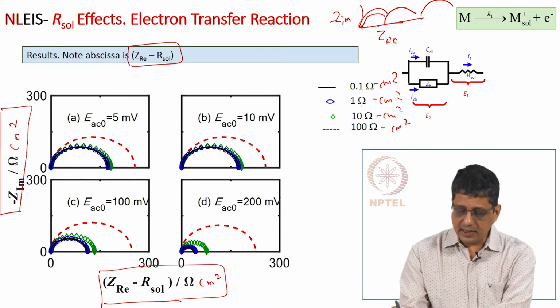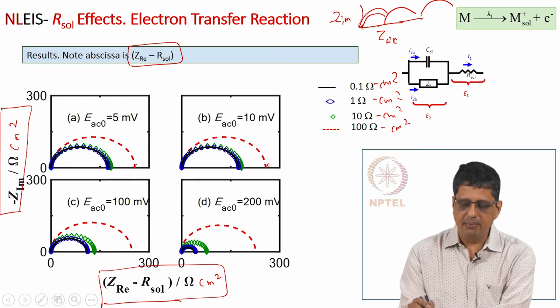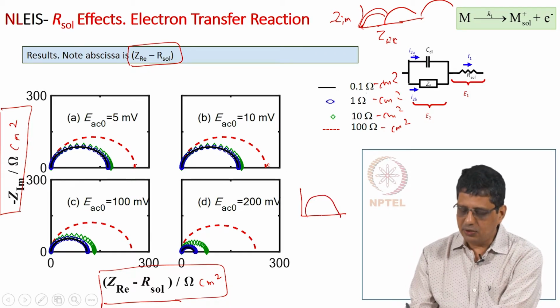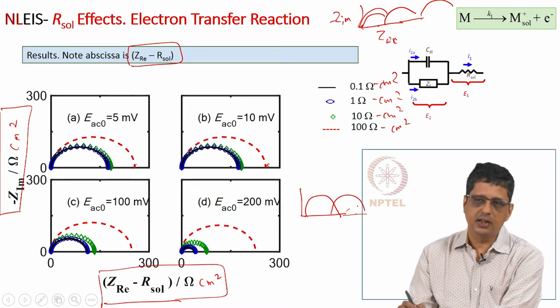Now, when I increase the solution resistance value, obviously the measured impedance increases. What that means is, if I have a low solution resistance, I have a spectrum like this. If I have a large solution resistance, in the beginning we said it is just going to shift to the right. That is correct when you have an electrical circuit.